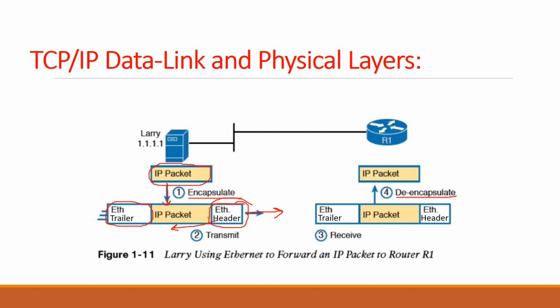When this frame is sent to R1, it does something called de-encapsulation, the opposite of encapsulation. Encapsulation means adding a header and or trailer, and the de-encapsulation process means removing the Ethernet header and or trailer.